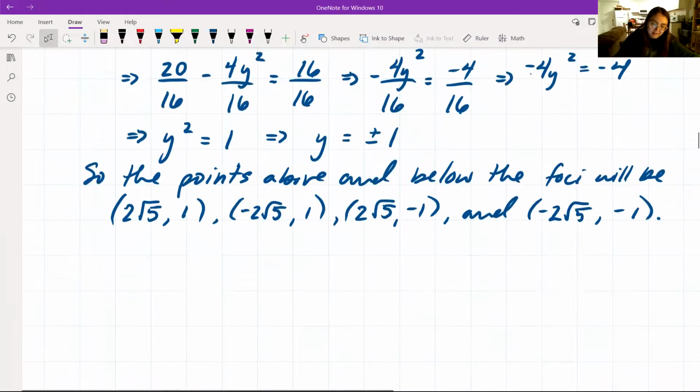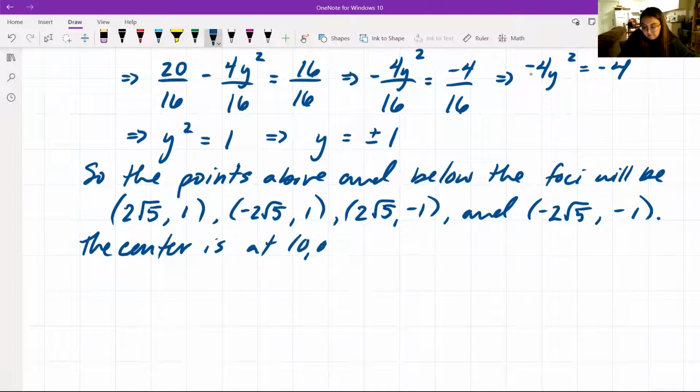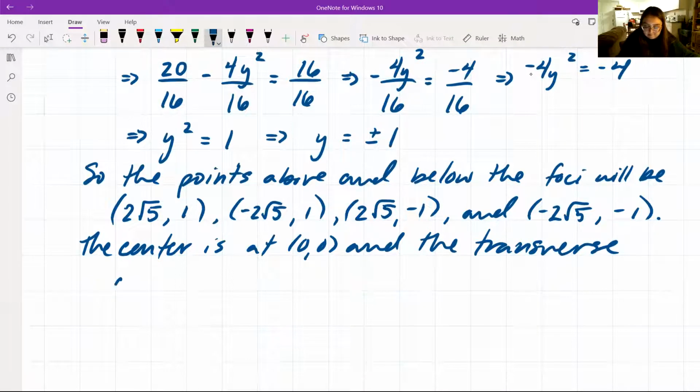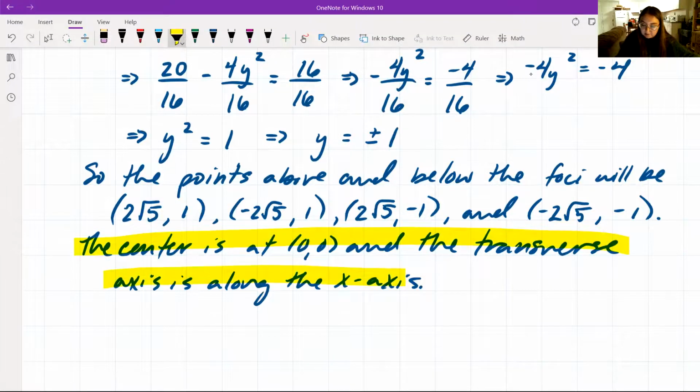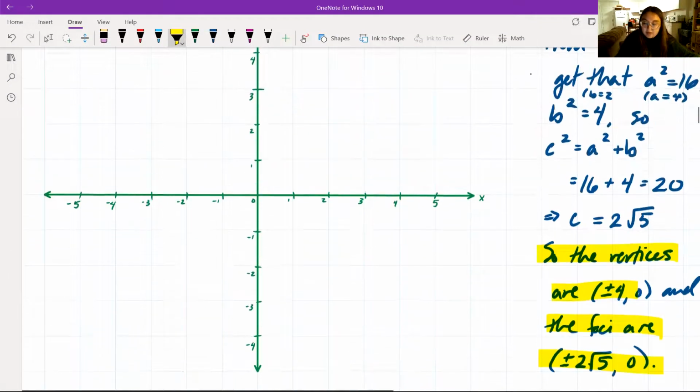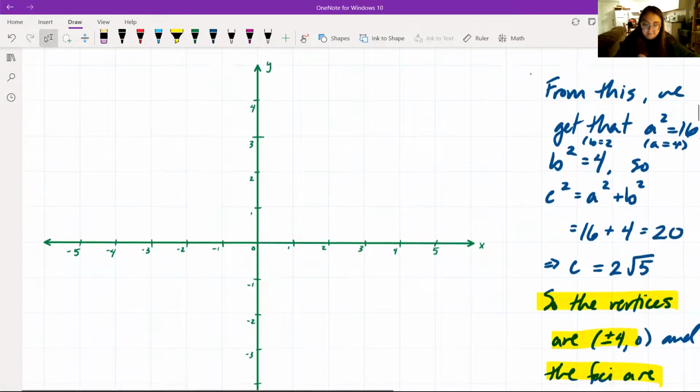So we can write that in here. All right, so we've now stated everything that we need to. We have all the points that we need. So let's go ahead and plot them.